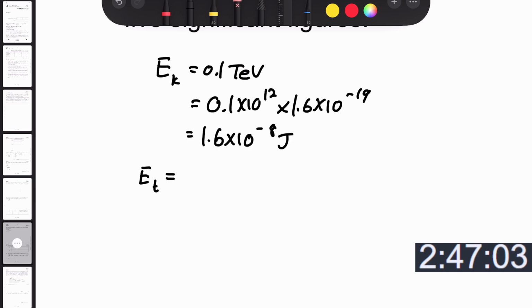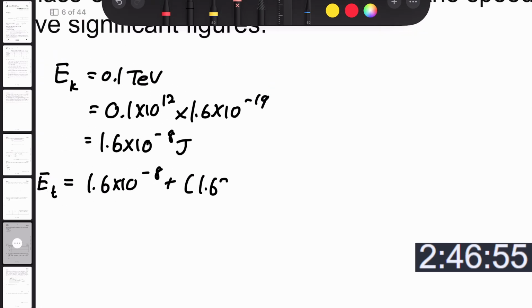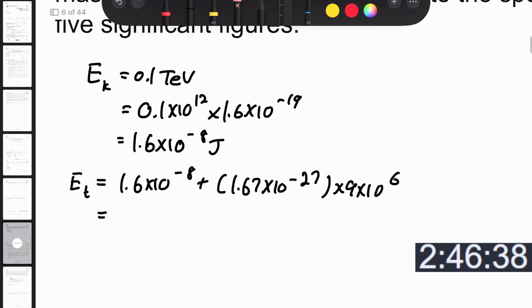So E total is 1.6 times 10 to the negative 8 plus the mass of a proton, which is 1.67 times 10 to the negative... What is a proton's mass? So negative 27 times 9 times 10 to the 16. So it's just probably 1.6.